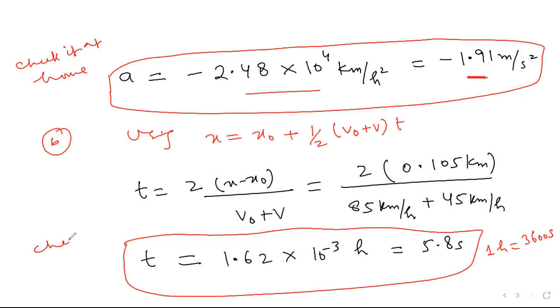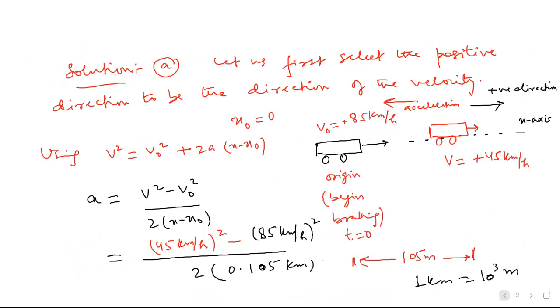As always, you need to check the calculation at home. So this is the time which elapses in bringing this car from 85 kilometer per hour speed to 45 kilometer per hour speed. Now let us move to part C.